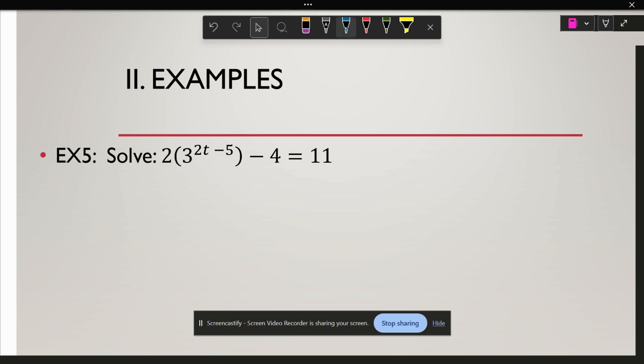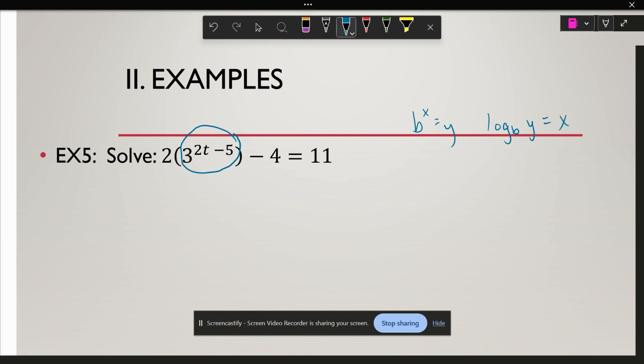All right, so if you take a look at this problem here, the big thing that you want to do is you want to get this by itself. That's your all-time goal, because then you can trade it from this into a log base type of problem.